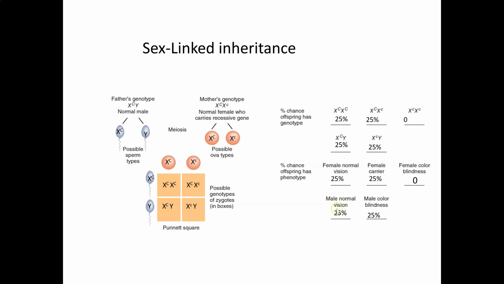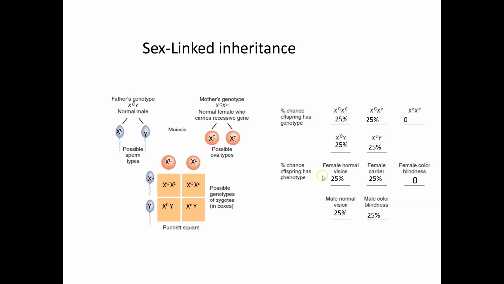Then the males: 25% of the offspring are male with normal vision, and 25% are male with color blindness. You can see none of the females have color blindness, but half of the male offspring do.